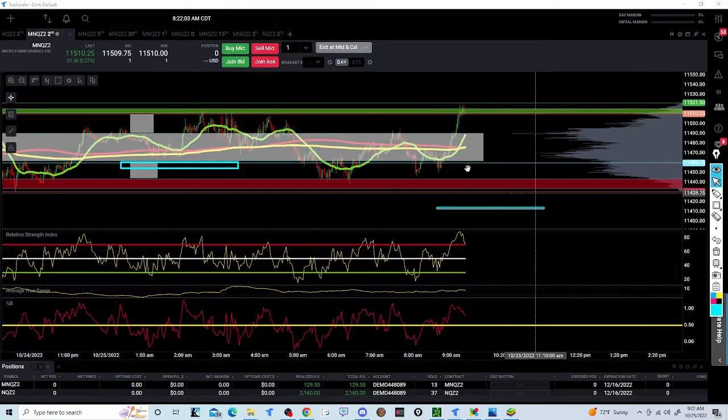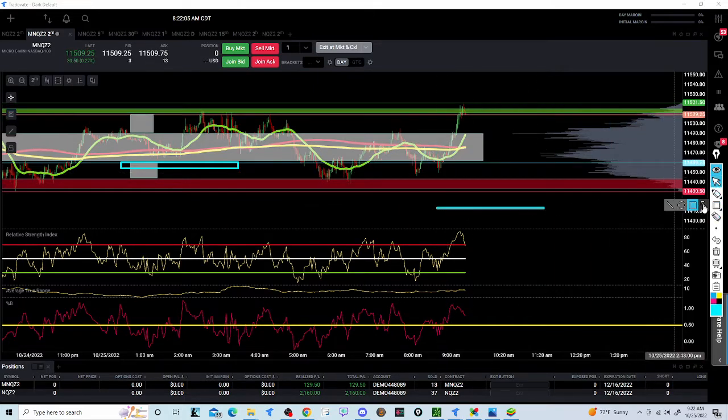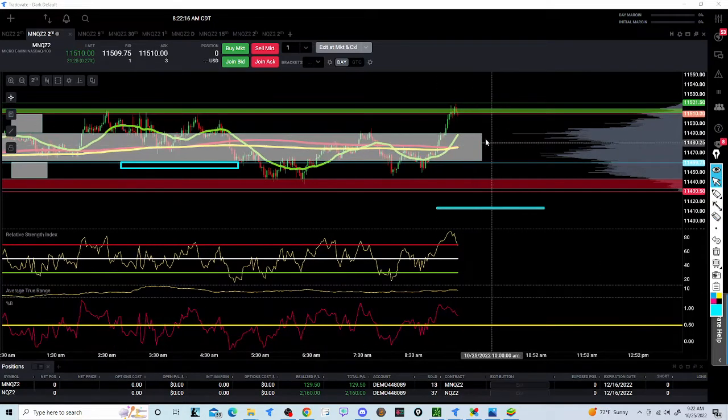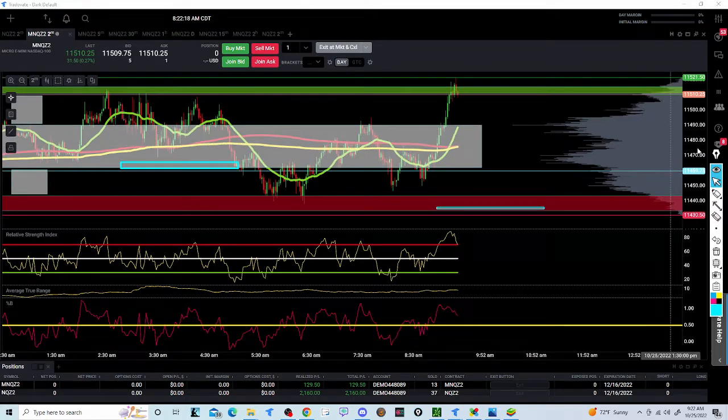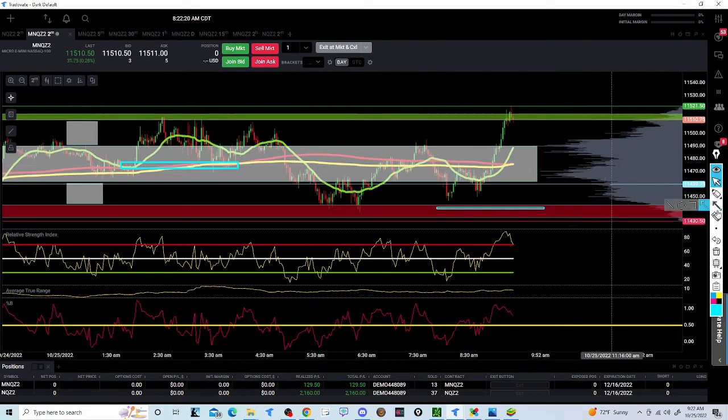And regardless of that, with a move like that, the odds are really not in your favor to continue higher without some type of a pullback. Again, it's all about probabilities and what you know, right? I know from doing this for so long that this is never going to work. I don't care who tells you otherwise.